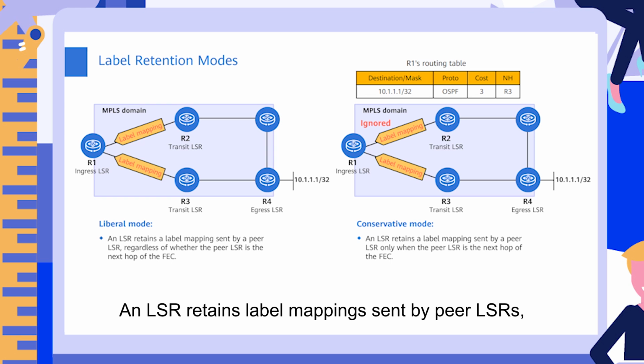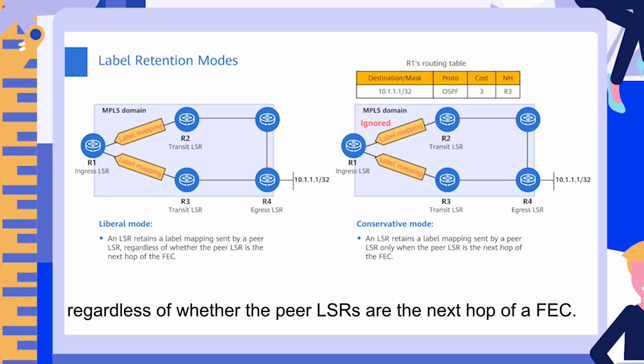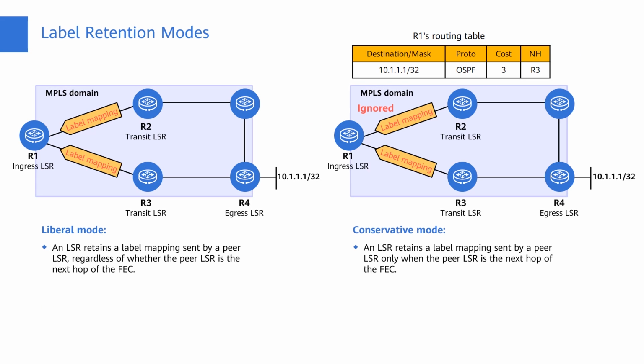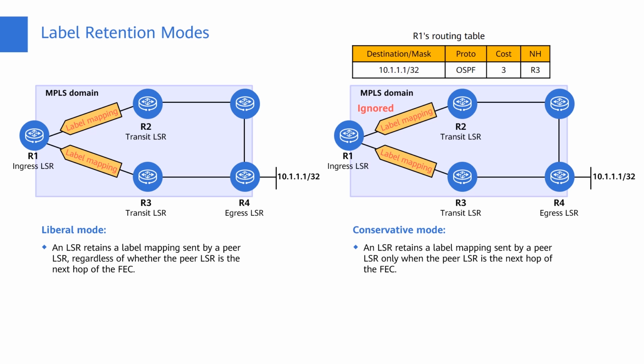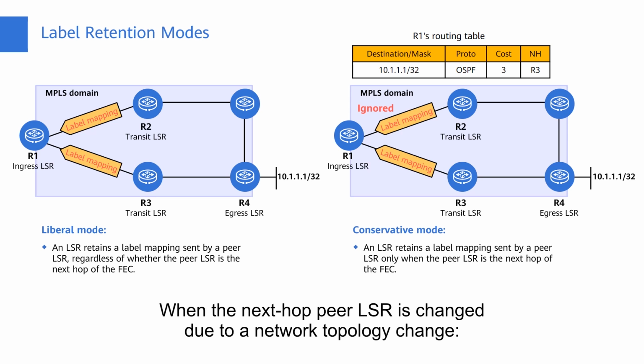Liberal mode. An LSR retains label mappings sent by peer LSRs, regardless of whether the peer LSRs are the next hop of a FEC. Conservative mode. An LSR retains a label mapping sent only by the peer LSR at the next hop of a FEC.